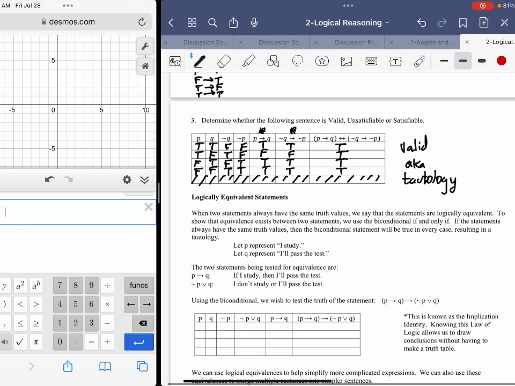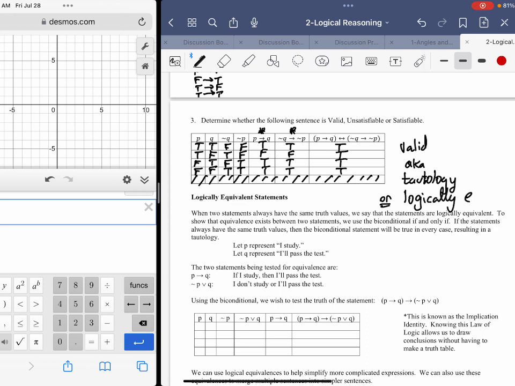All right, that gives us logical equivalence. Anytime you can equate two things in such a case that they're always going to give the same result no matter what you sub in, that's going to give us logical equivalence.